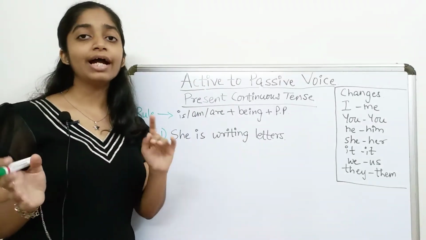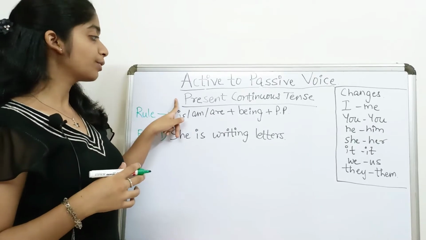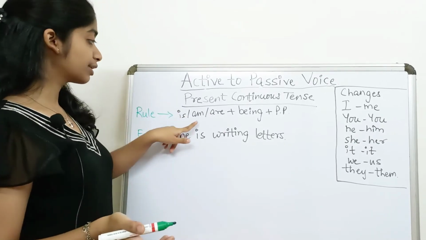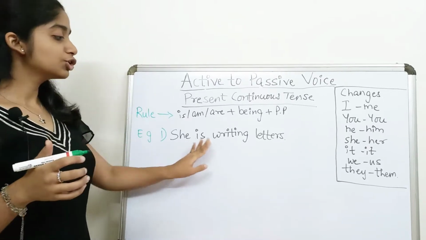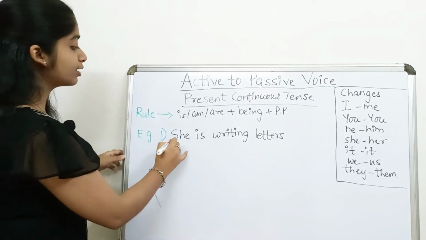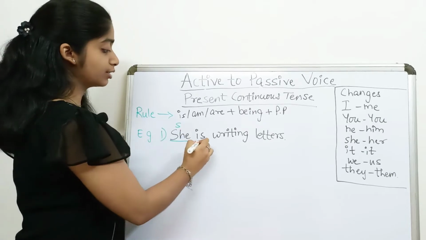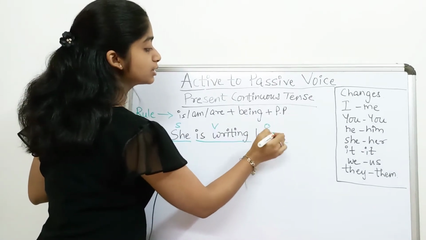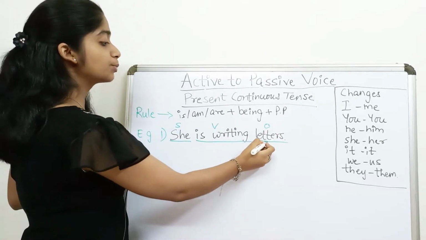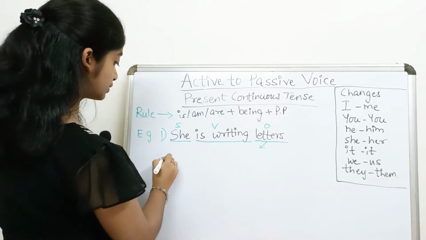Let us have a look at another tense. So, present continuous tense. Here is the rule and here is the example. She is writing letters. Again, she is the subject, is writing is the verb, and letters is the object. So object will come at the first.